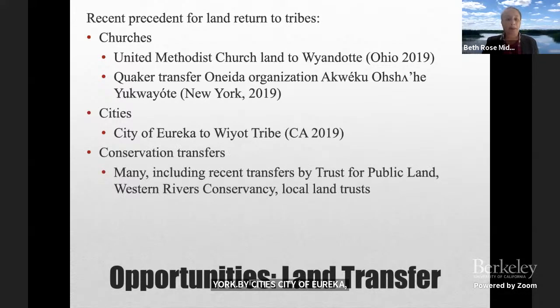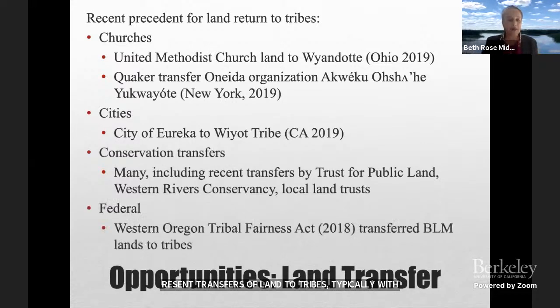Conservation transfers are many. There are recent transfers of land to tribes, typically with conservation covenants by Trust for Public Land, Western Rivers Conservancy, local land trusts, and other entities. And then I found a federal example, a recent example of the Western Oregon Tribal Fairness Act, which transferred Bureau of Land Management land to tribes.